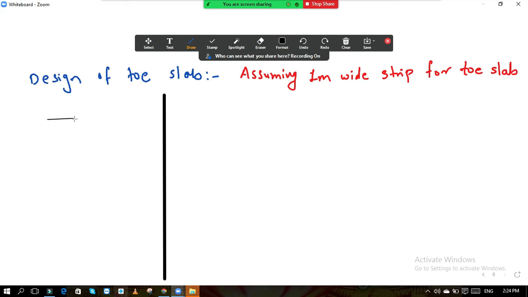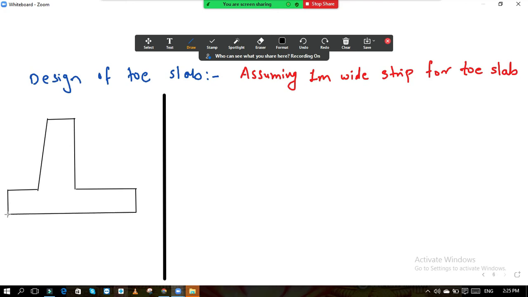So this is the stem. I am drawing the retaining wall again. You also draw the diagram.